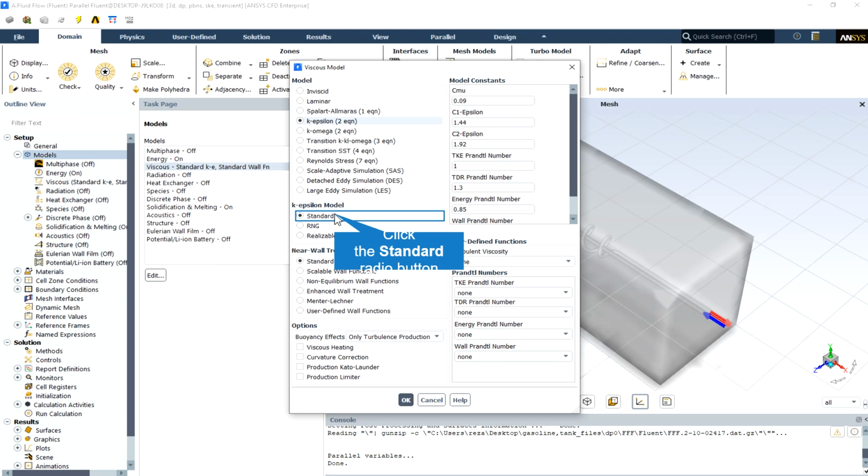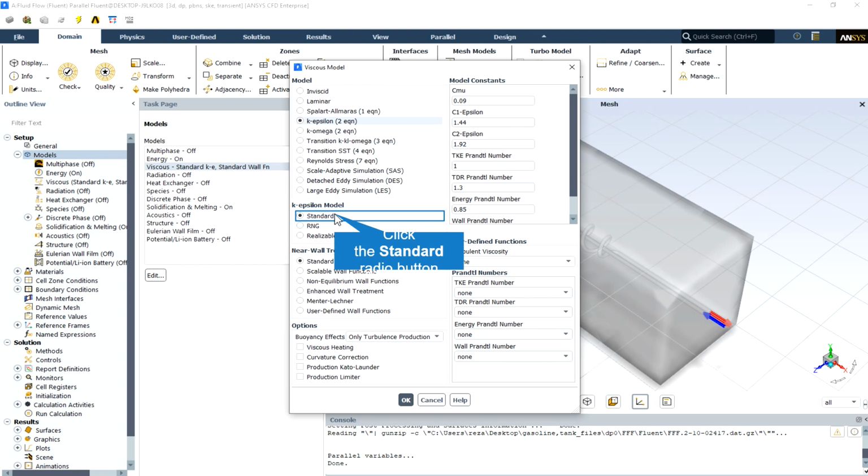The standard K-Epsilon model is based on model transport equations for the turbulence kinetic energy, K, and its dissipation rate, epsilon. The model transport equation for K is derived from the exact equation, while the model transport equation for epsilon was obtained using physical reasoning.